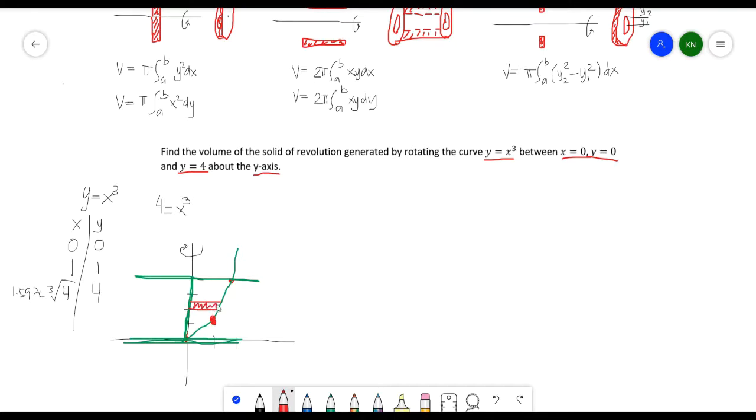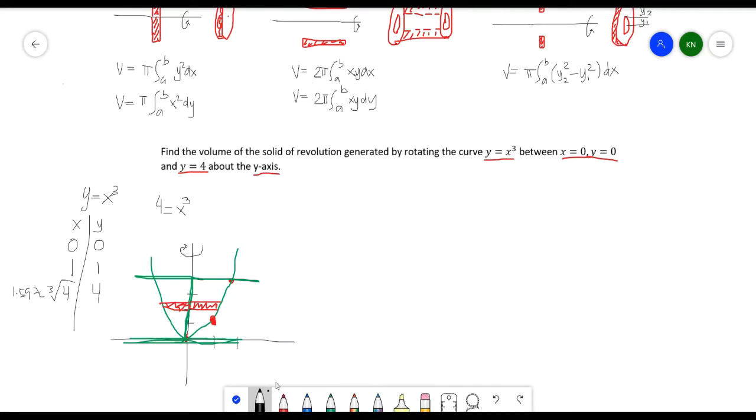As you can see, our strip is touching one side of our rotational axis. So if we rotate this strip around the y-axis, we'll have another curve here, then we'll have the extended strip around this area as well. So meaning to say, we can use the circular disk for this equation.